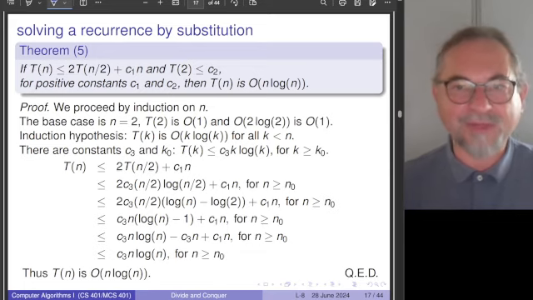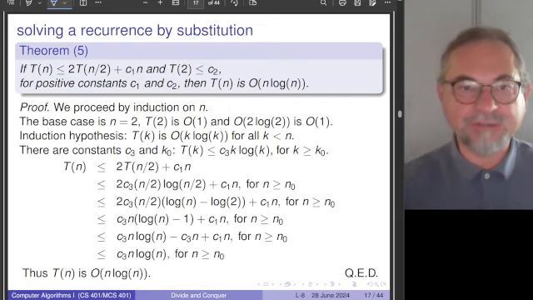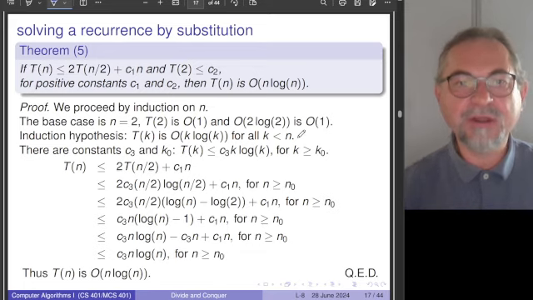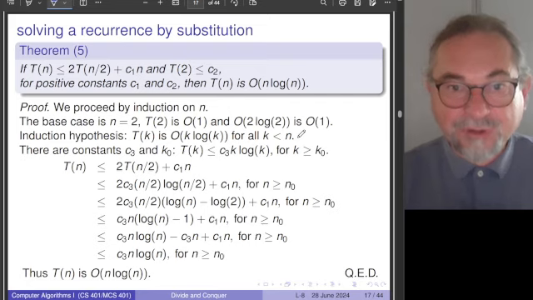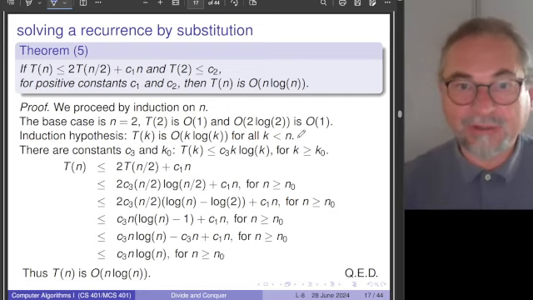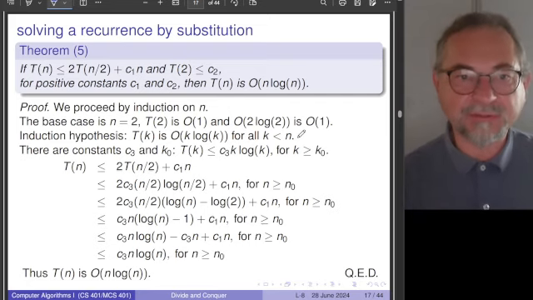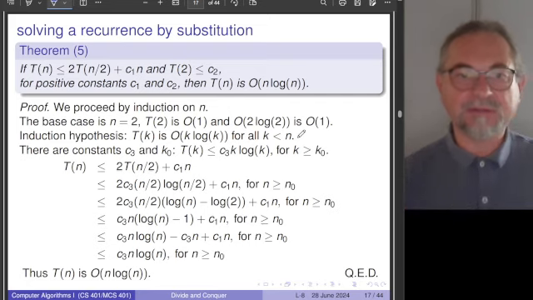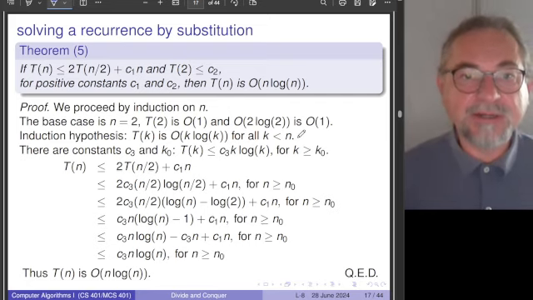In the statement of the theorem, when we spell out very carefully what we need to prove, the big O notation, we spell out in great detail what this big O notation means in the induction hypothesis, which means that there is a constant, here it's named C3, such that for certain values of k sufficiently large, here I took k naught, T of k is bounded by C3 times k log k.